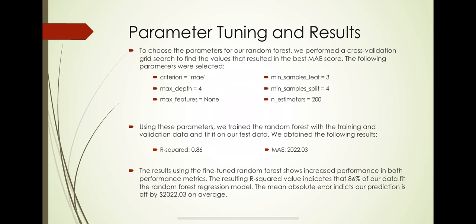So this is proof that sometimes tuned parameters can lead to more accurate results. The R squared value that we obtained indicates that 86% of our data fit the random forest regression model, and the mean absolute error indicates that our prediction is off by $2,022.03 on average.